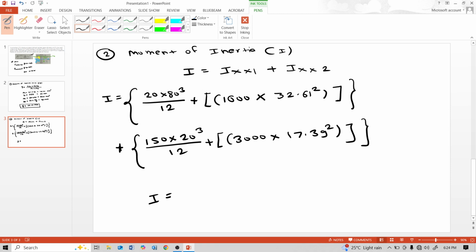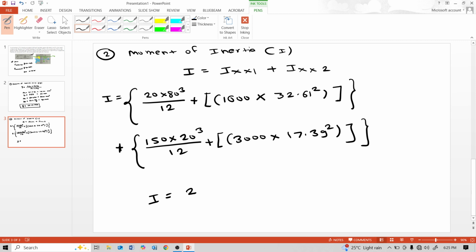Now calculate 1600 multiplied by 32.61 square plus 20 into 80 cube divided by 12, which is 2.55 into 10 raised to 6 for this first part.